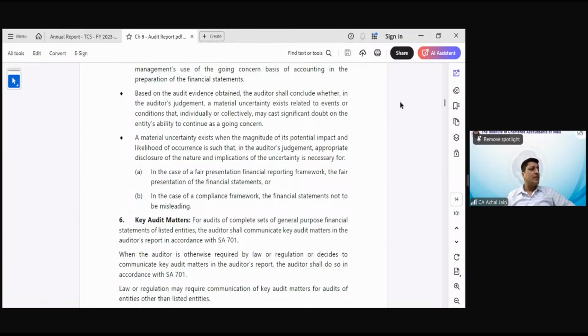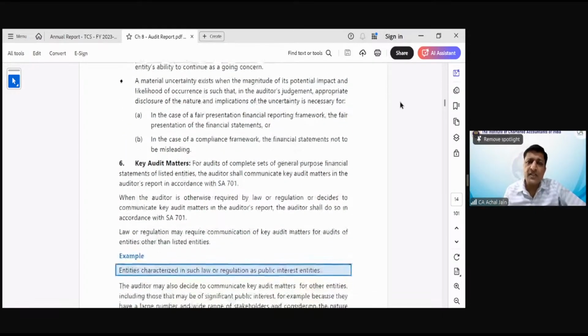Okay, then the next para is about key audit matters. So I'll just mark this next section, key audit matters. We will discuss that in greater detail later on. As of now, I'm not discussing this particular para.